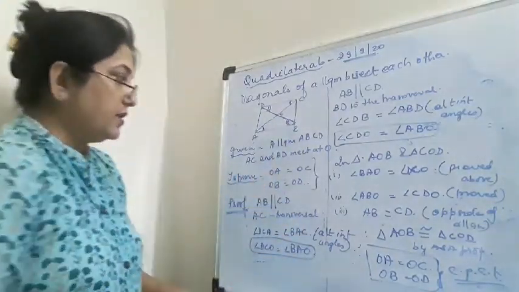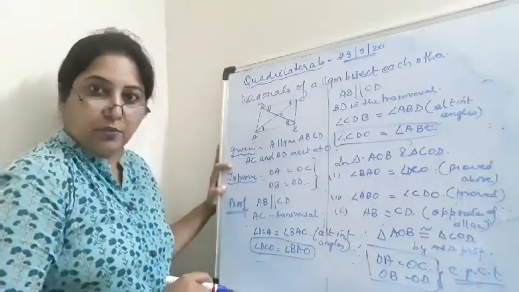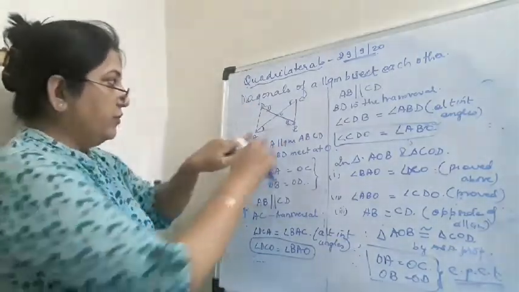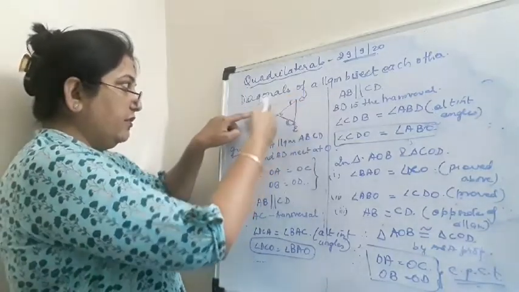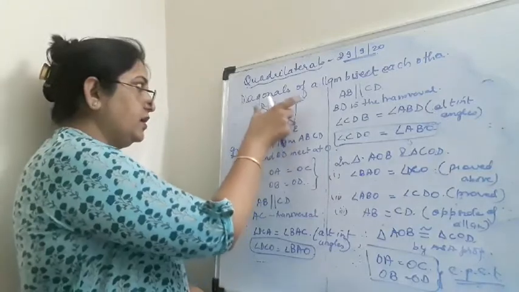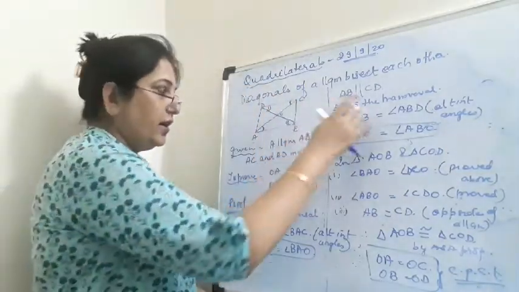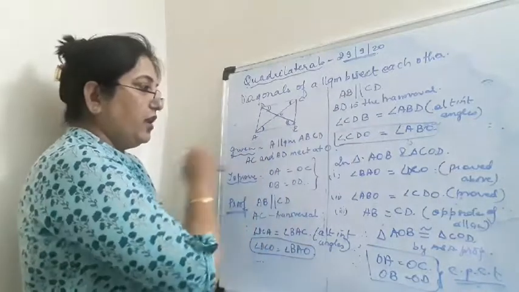Okay, so you can understand the proof: draw the figure, see what is given, write what we have to prove, and then start with the proof that AB is parallel to CD with AC as a transversal, then AB is parallel to CD with BD as a transversal, and then take alternate interior angles to be equal. And why are we doing this?